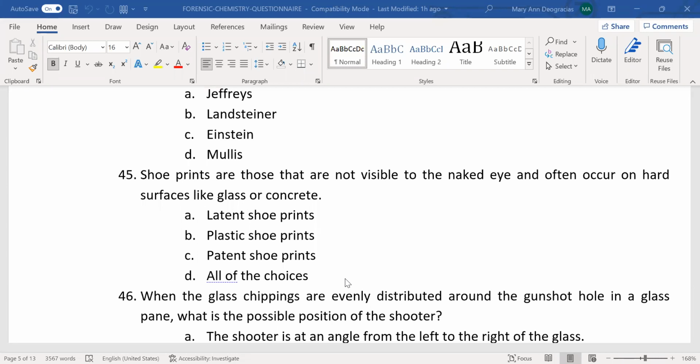Gawa nung pintura. So, ang ibig sabihin nun is patent shoe prints naman. Halimbawa, another example, blood, no? So, there's a pool of blood coming from the victim. Tapos, naapakan ng suspect yon. Tapos, sa bawat hakbang niya, may naiiwang bakas ng shoes, no? May shoe prints gawa ng blood. So, ang tawag doon, patent shoe prints.